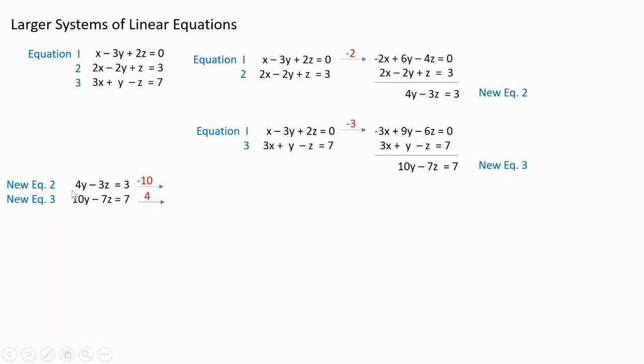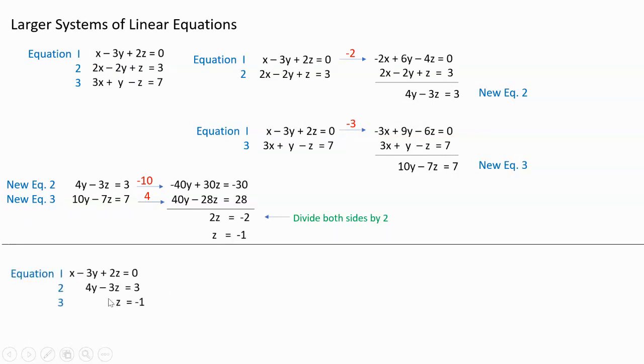For example, in equation 2, I'm going to use the coefficient from equation 3 for the y, and in equation 3, I'm going to use the coefficient from equation 2, but since they're both positive, I have to multiply one by a negative. So I multiply equation 2 by negative 10 and equation 3 by 4. And here's my work. After you add them, the y's get eliminated, and then we can solve for z. We divide both sides by 2, so z equals negative 1.